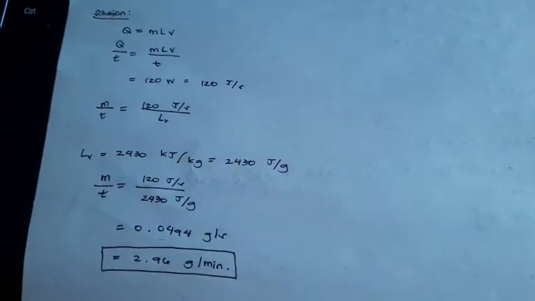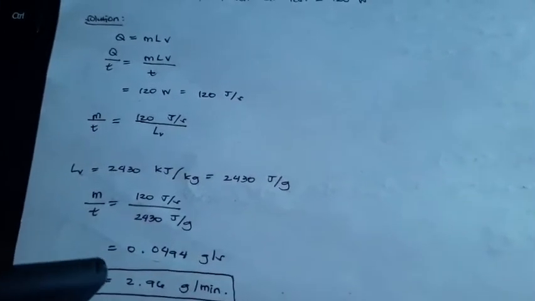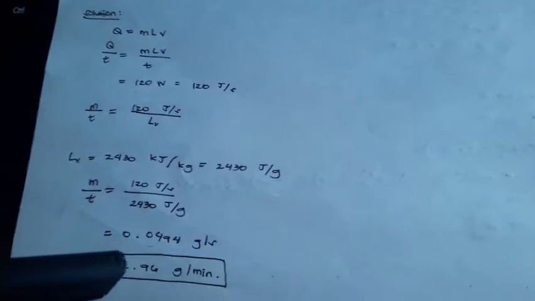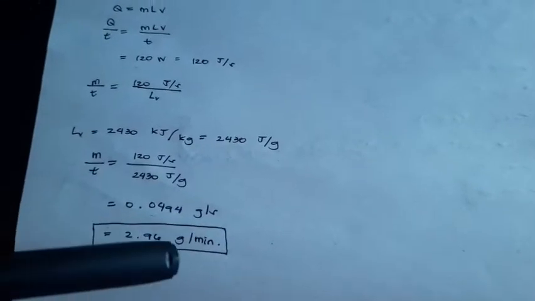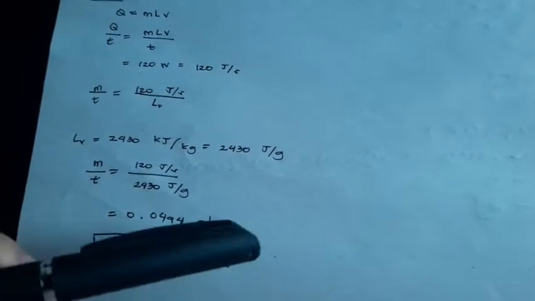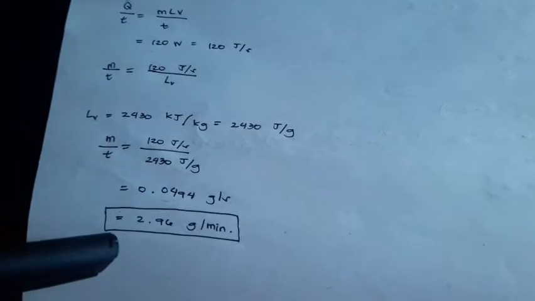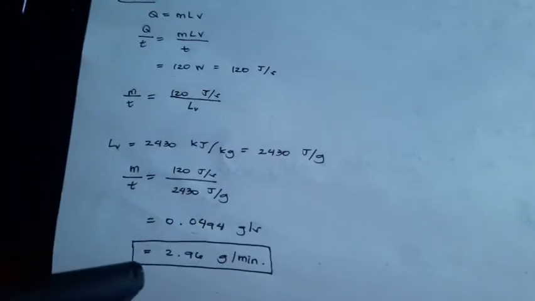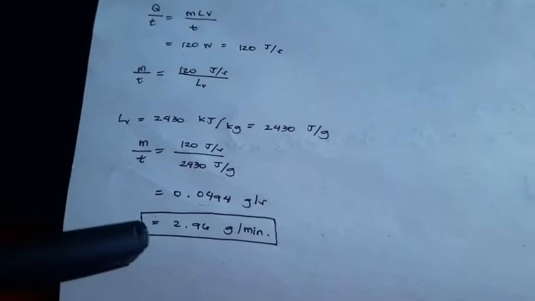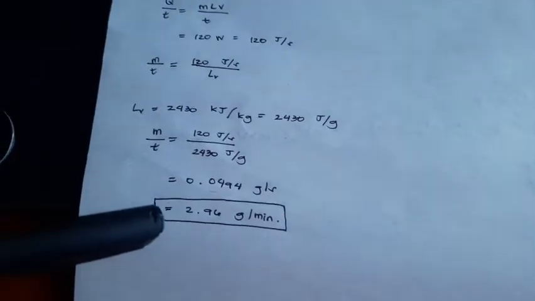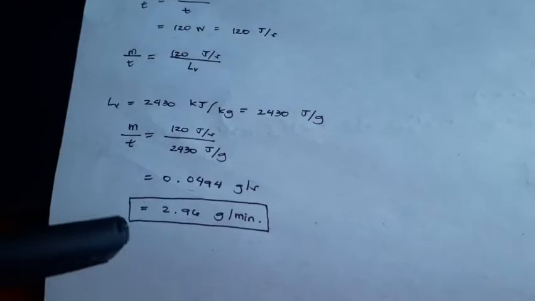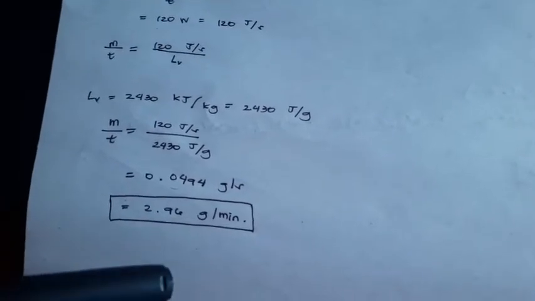We simply divide, which gives 0.0494 gram per second. To convert to minutes, since it is in seconds, we multiply by 60. So now we can derive the final answer: the rate at which water must evaporate from the body to get rid of all this energy is 2.96 grams per minute.